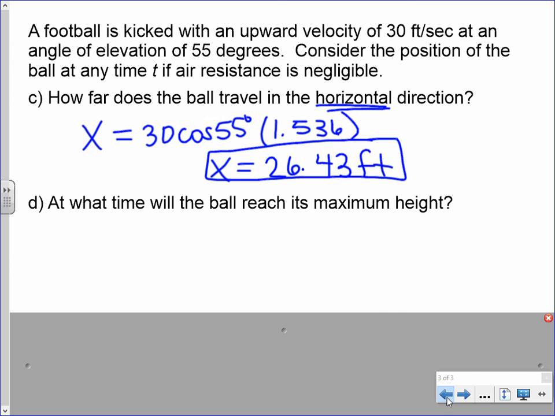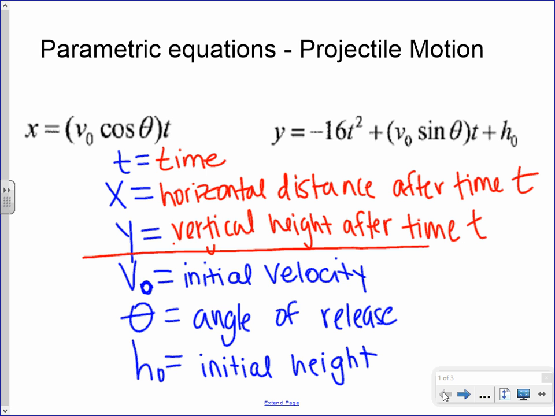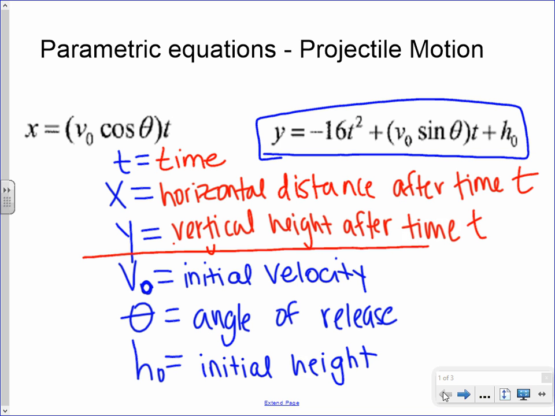We can use the fact that our y equation is a parabola, and we know that we reach the maximum height on an upside down parabola where? Say louder. Domain or range?